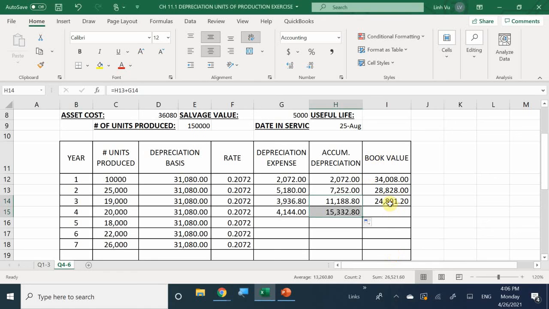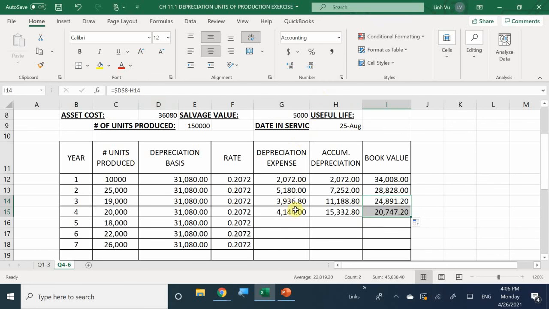So what's my book value at the end of year 4? $20,747.20. Good. So as we can see, every year that we use the truck, it's slowly losing its value over time. Right? What happened on year 5?